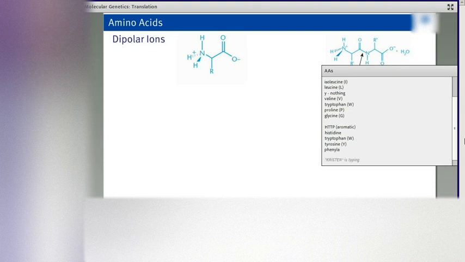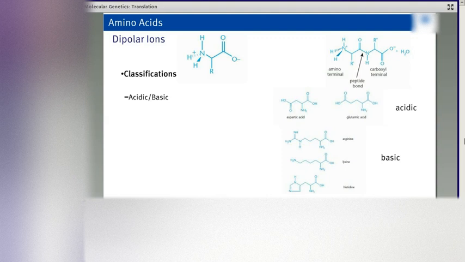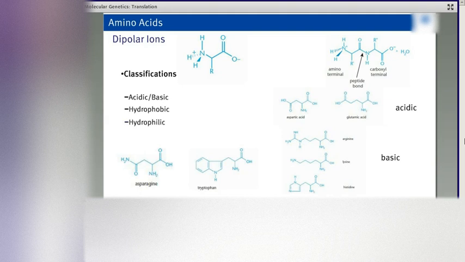Yeah, phenylalanine. These are just two of the mnemonics I like to use to help group these together. The big picture is that we're trying to classify them based on being acidic or basic, hydrophobic or hydrophilic. We just want to group them together so that we know something about them, and we don't memorize one at a time.